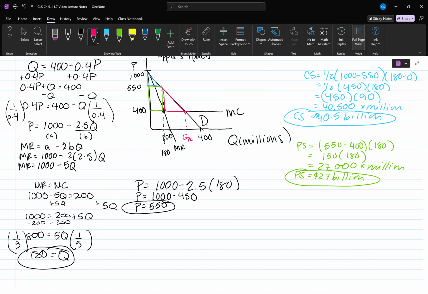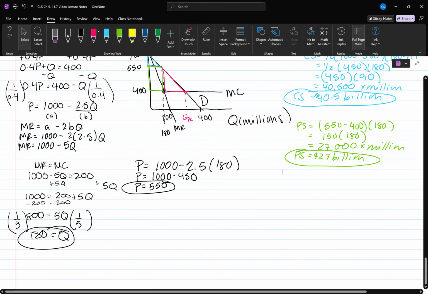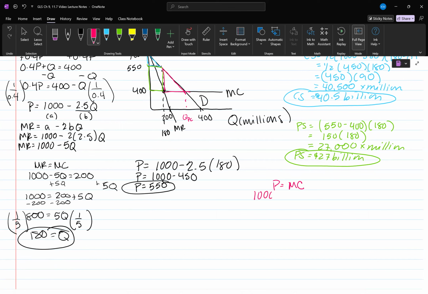And then lastly here, we want to know our deadweight loss. So first we have to find how much our perfectly competitive firm would produce. So we'll have 1,000 minus 2.5 times Q equal to 400. We're going to add 2.5 times Q to both sides, right? We're solving for quantity. So we get 1,000 equal to 400 plus 2.5 times quantity.